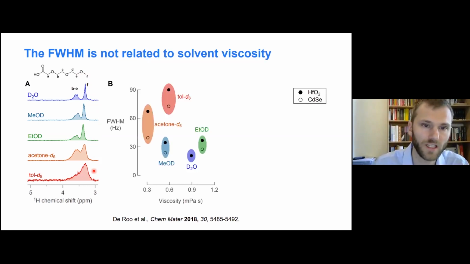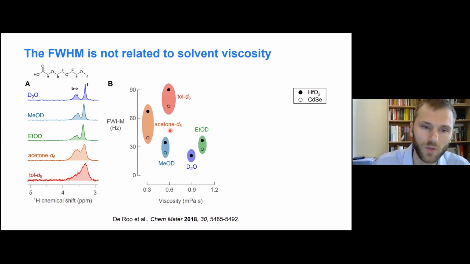But if we plot now this full width at half maximum as a function of the solvent viscosity, you don't see any correlation. If anything, you would think there is a negative correlation, which is not what is predicted for homogeneous broadening. You should see then an increased full width at half maximum with an increased viscosity. So viscosity has nothing to do with this trend in line broadening.